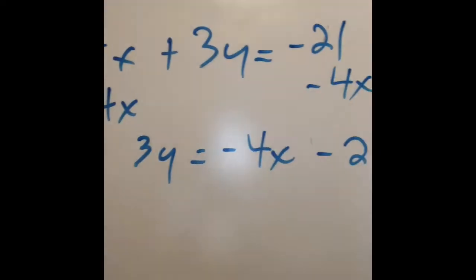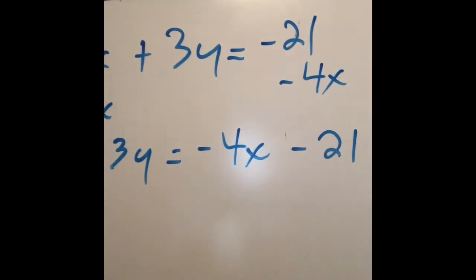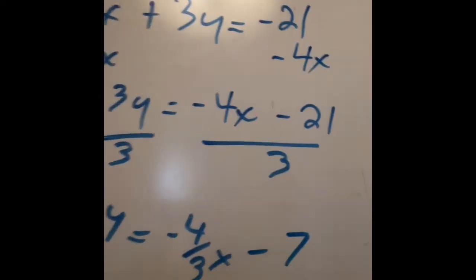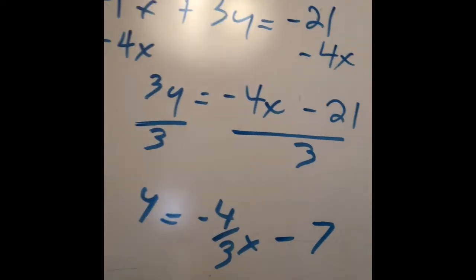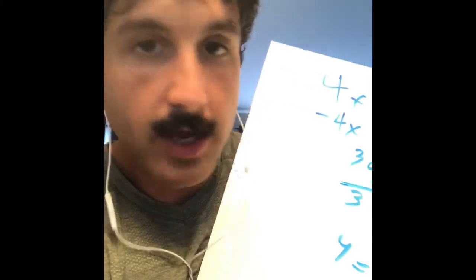Now we have something being done to the y: it's a multiply by a positive 3, so let's divide by 3. Everything on the top gets divided by 3, and we get y equals negative 4/3 x minus 7. And there's my answer: negative 7 is my y-intercept.